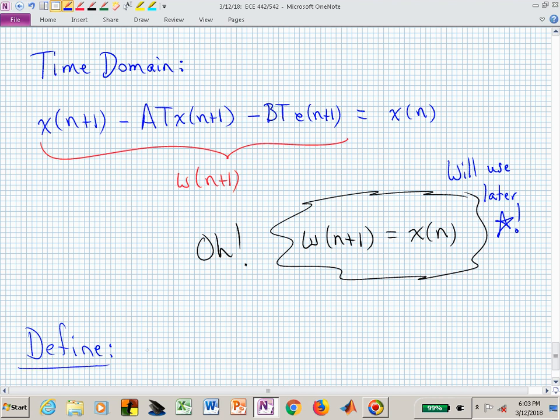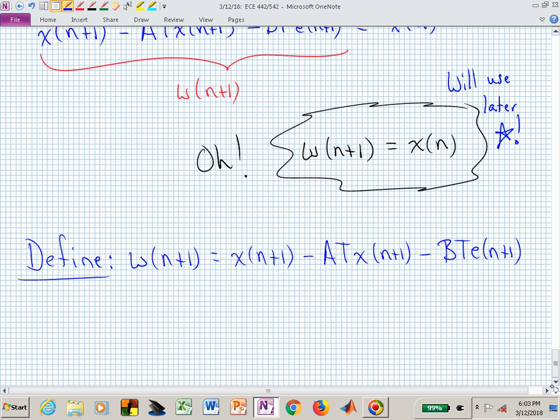I defined then W of n plus 1 to equal X of n plus 1 minus AT X of n plus 1 minus BT E of n plus 1. If that's W of n plus 1, can you now write down W of n?